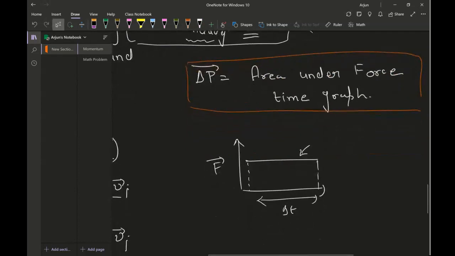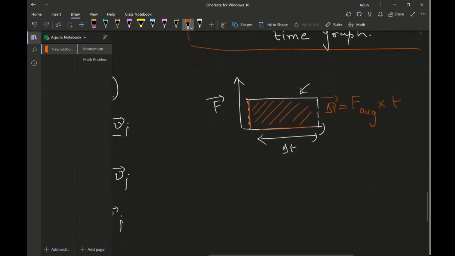And then I can write down the formula from here also: this is the area of a rectangle. So this is the amount of force being applied over a span of this time. So force average times time is equal to delta p.